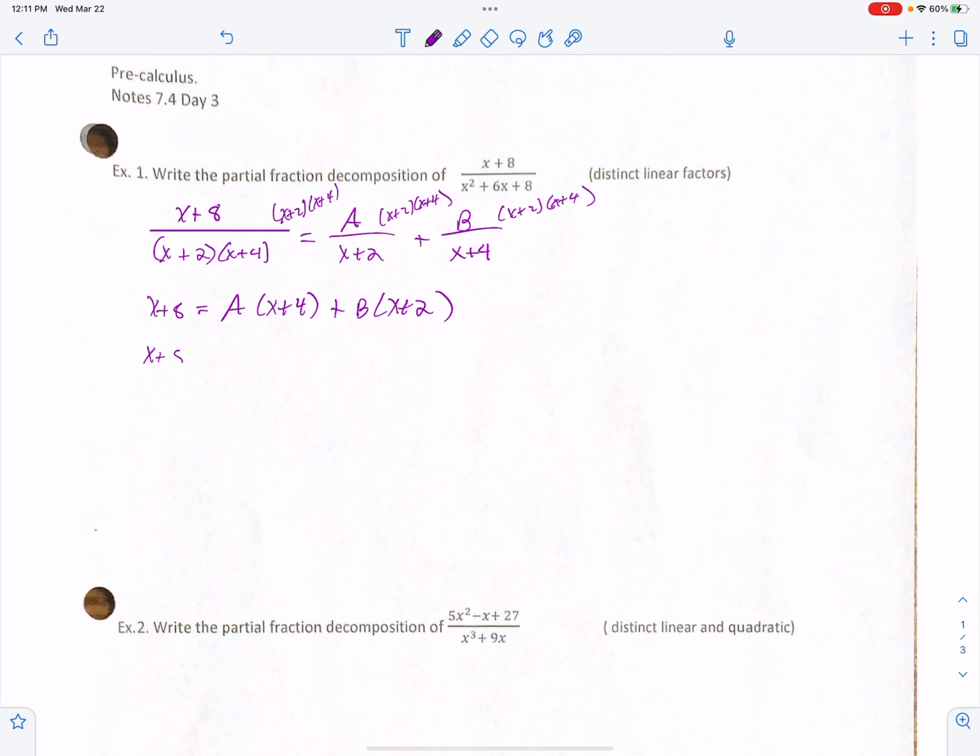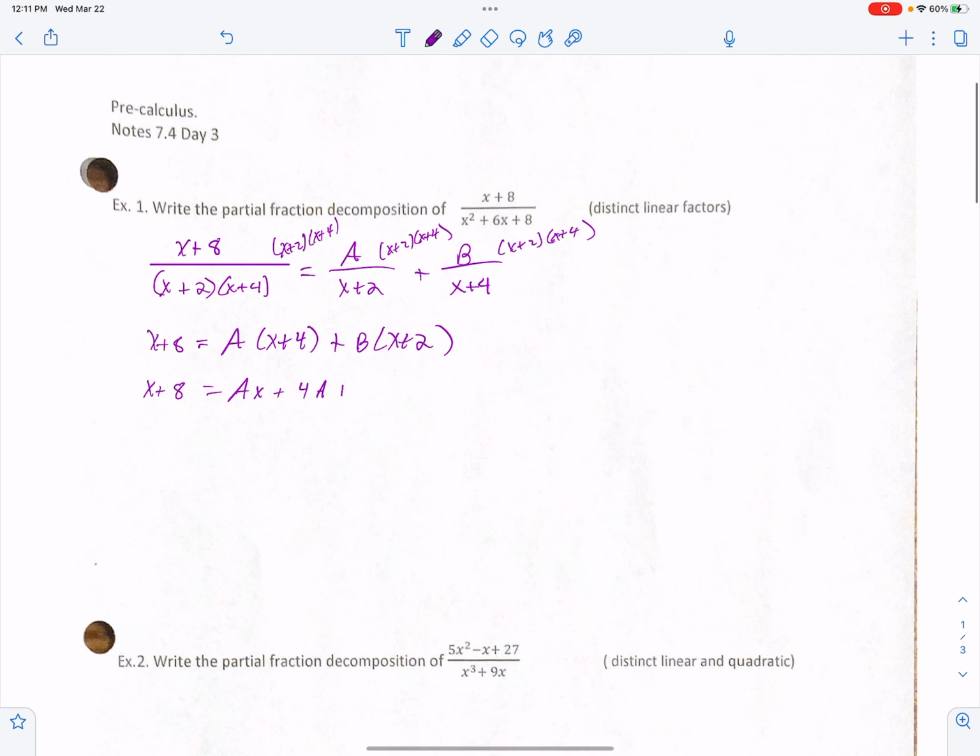So we get x plus 8 is Ax plus 4A plus Bx plus 2B. And then if I move the terms with x next to each other, and then the constants to the right, I can factor out the x.